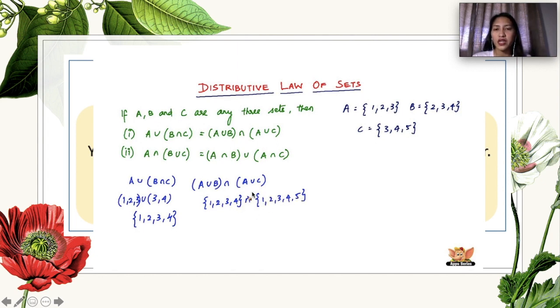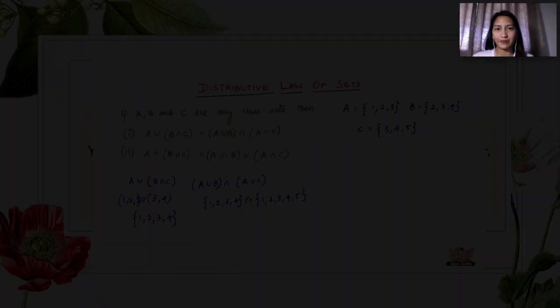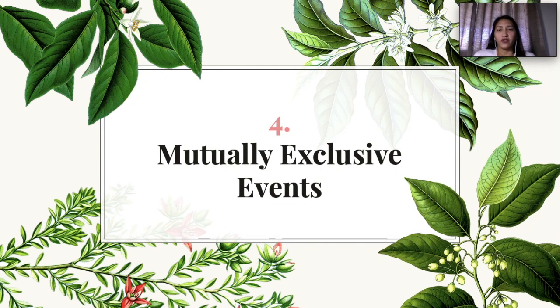So, ngayon, ang intersection nila ay 1, 2, 3, and 4, kasi yun yung meron silang parehong values. Tanggal yung 5. So, pareho sila ng sagot when you use the distributive property. So, very helpful to pagdating sa mga events na kinakailangan mong applyan ng associativity, commutativity, and distributivity. Now, let's proceed to the fourth part of this lesson, the mutually exclusive events.